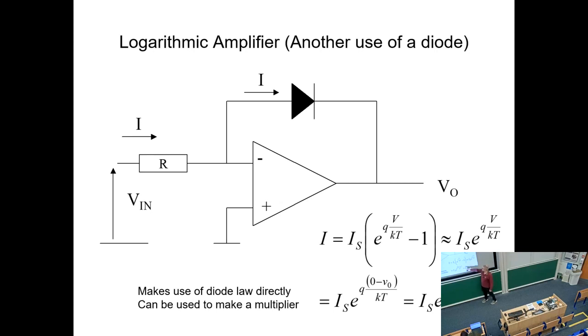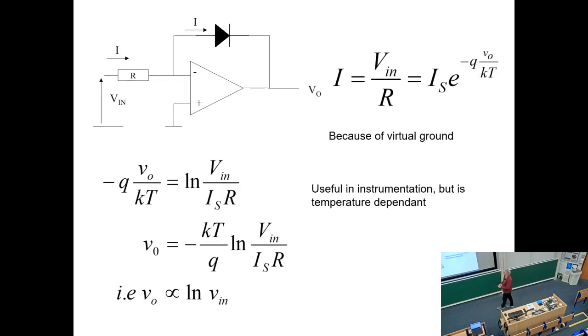There's no significance in the difference between little v and big V in this case. It's just PowerPoint doing its thing. And the input current is very much straightforward. It's V in over R, because one end of the resistor is at 0 because of the virtual ground. And both currents are the same. So we can say that I equals V in over R equals IS e to the minus qV out over kT, the exponential bit.